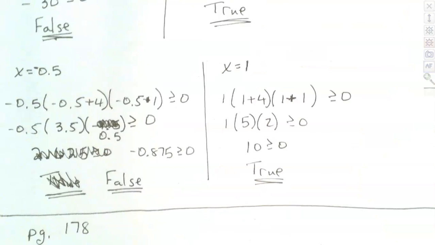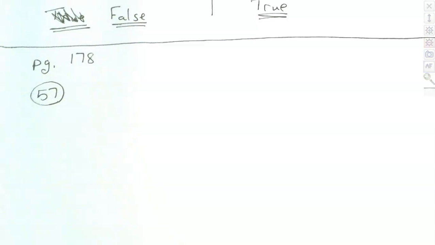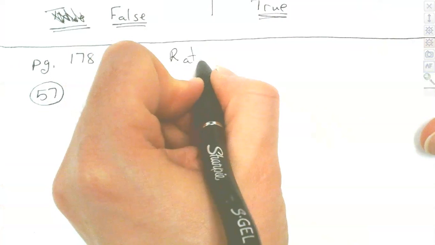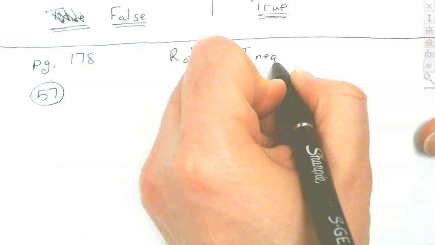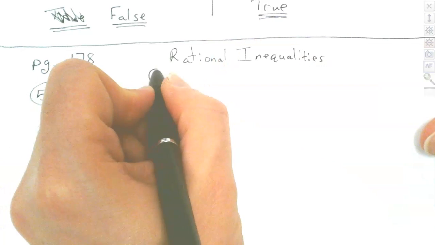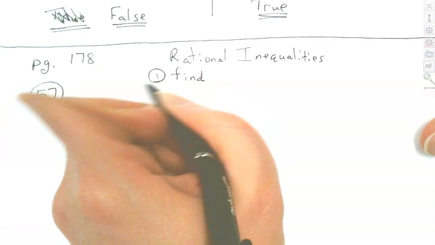Now, when we talk about rational inequalities, we have a step-by-step procedure that we use. So rational inequalities, these are the fractions. Step number 1 is find the numbers not in the domain, just like we did before.